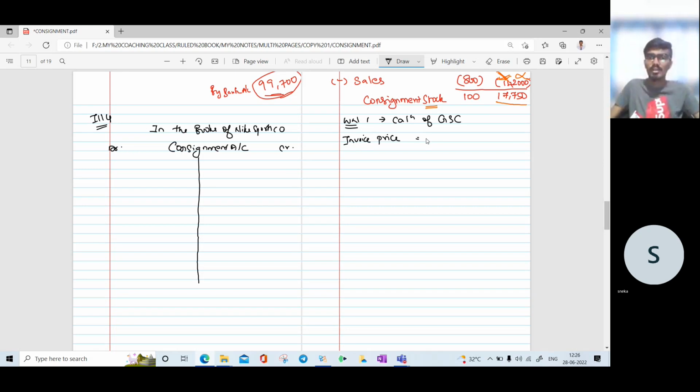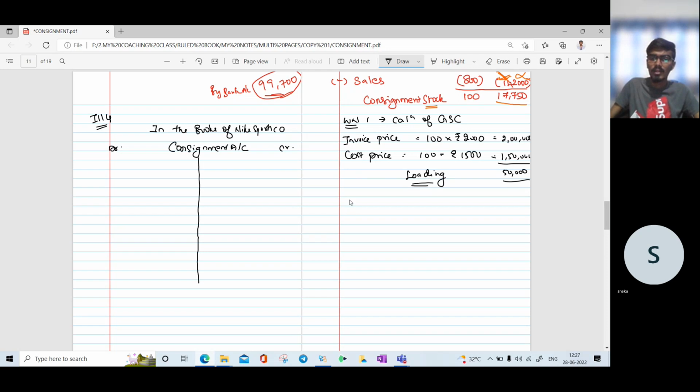Invoice price is 100 into rupees 2,000, so total 2 lakh. Cost price is 100 into 1,500, which is 1,50,000. The remaining 50,000 will be loading.